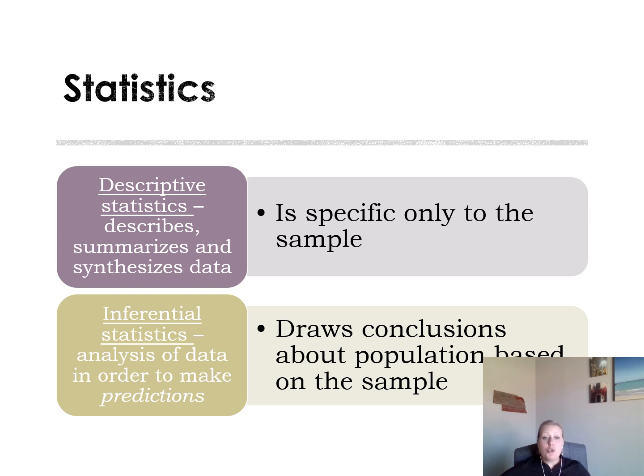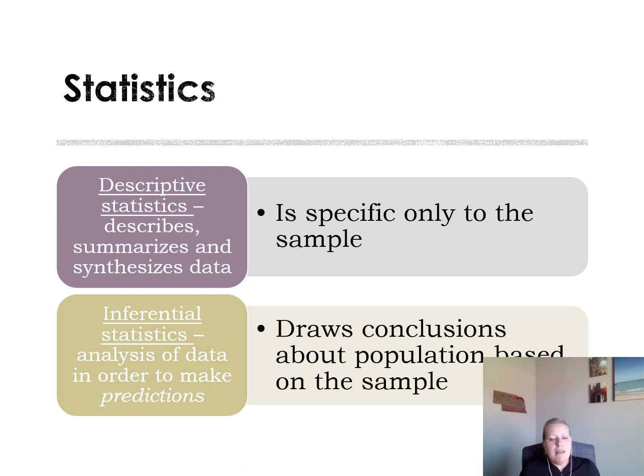So there are descriptive statistics and inferential statistics. The descriptive statistics describes, summarizes, synthesizes the data. So which level of evidence are we only going to use descriptive statistics? Level 4 evidence, where we're just describing, right?